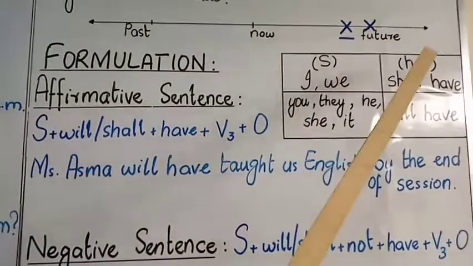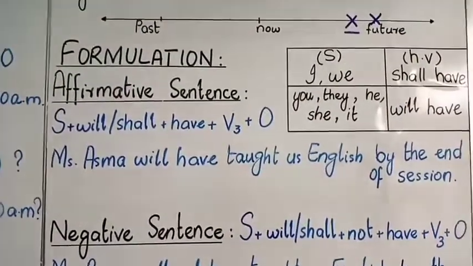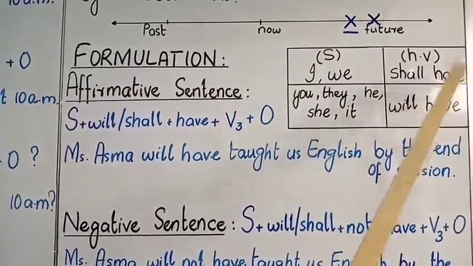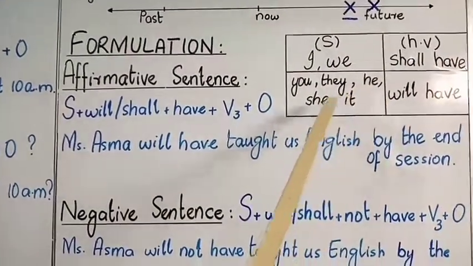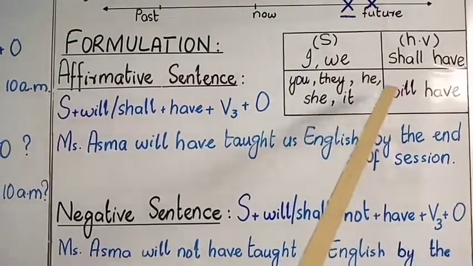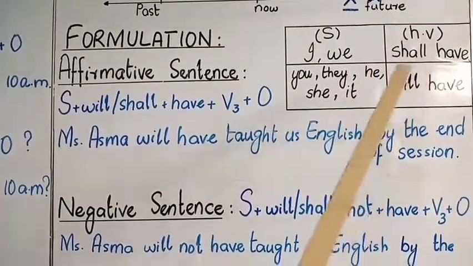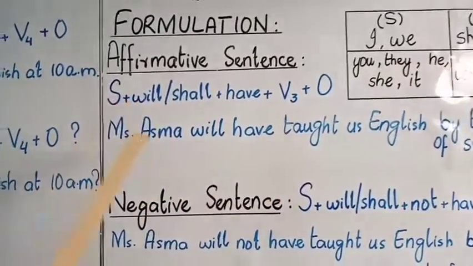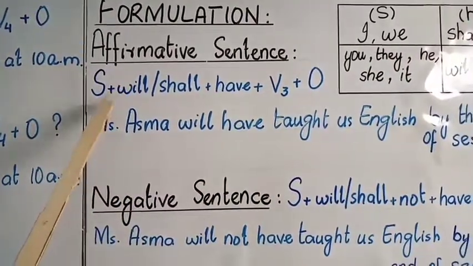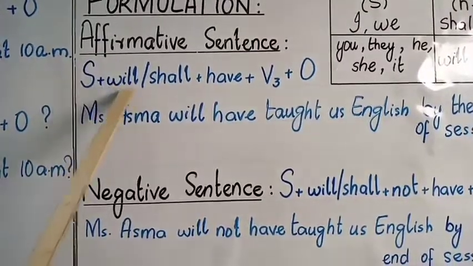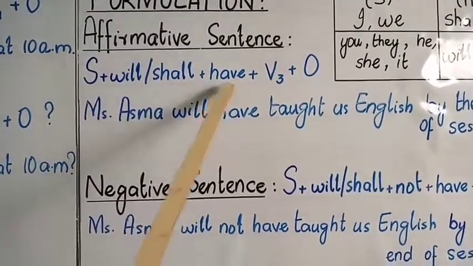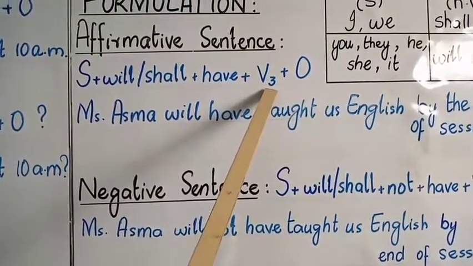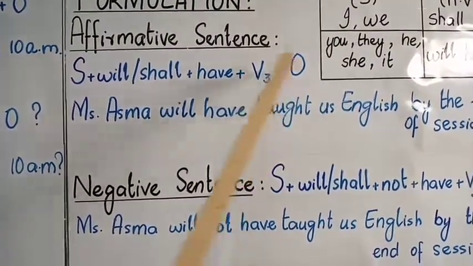For subject and helping verb combination, we have I and we with shall have, and you, they, he, she, it combine with will have. So for affirmative sentence, we have formula subject plus will or shall plus have plus third form of verb, that is past participle, and object.